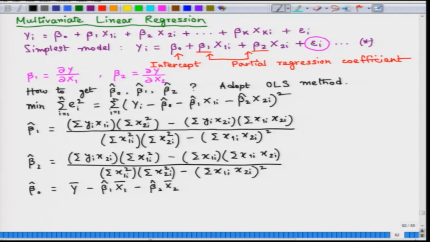Okay, so here the lowercase variables actually indicate the deviations from the mean.